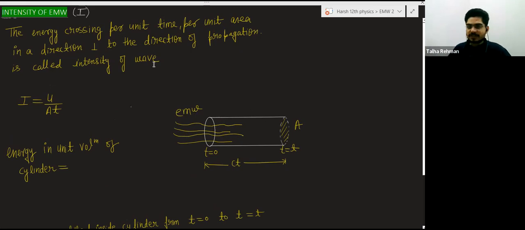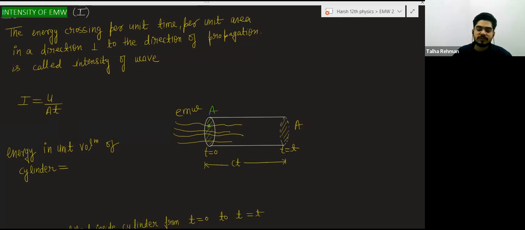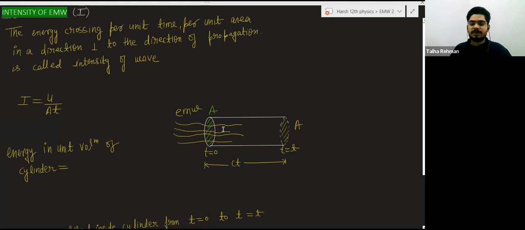For example, this is an electromagnetic wave, and it is crossing this area. This is the cross section area A, and the electromagnetic wave is entering this area.